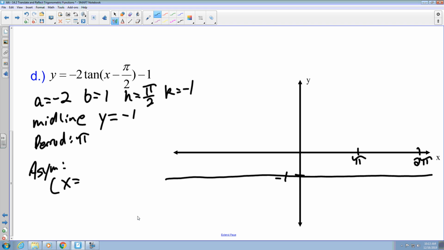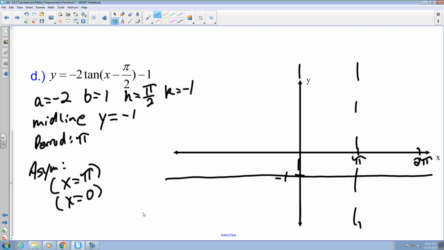Pi over 2 plus pi over 2 in this case, because h is pi over 2, so we get x equals pi for one asymptote, and the other one's going to be x equals negative pi over 2 plus pi over 2, which is 0. So this one is my first asymptote, and then the second one is like so.